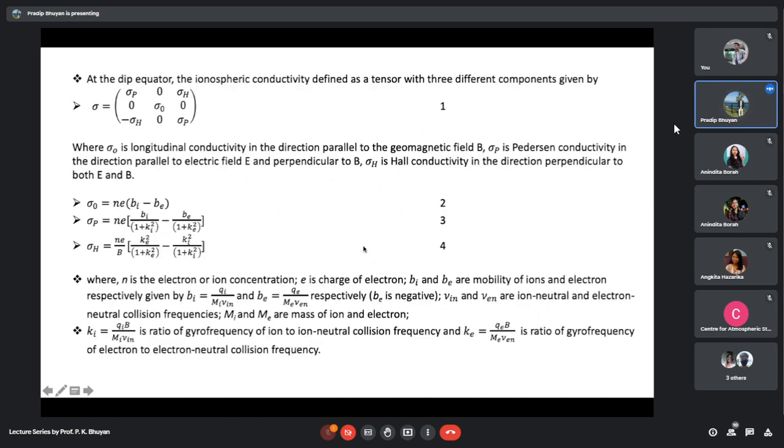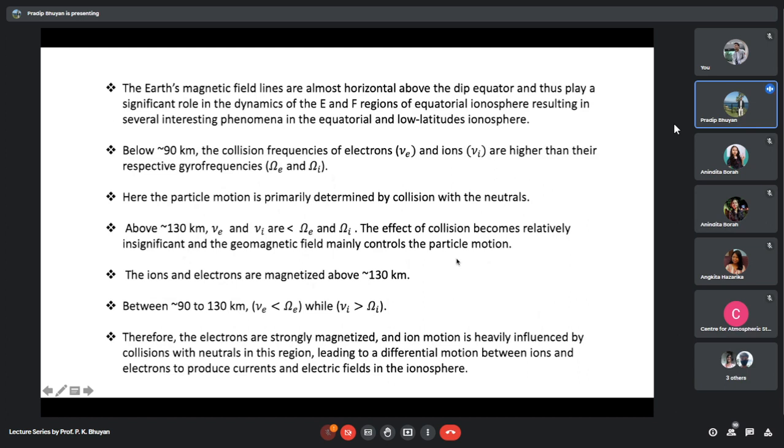Because the charged particles are now within the geomagnetic field. The geomagnetic field is also present below 100 kilometer, but as you can see, when you draw magnetic field lines, as you go away from the source, that means from the magnet, they are curved.